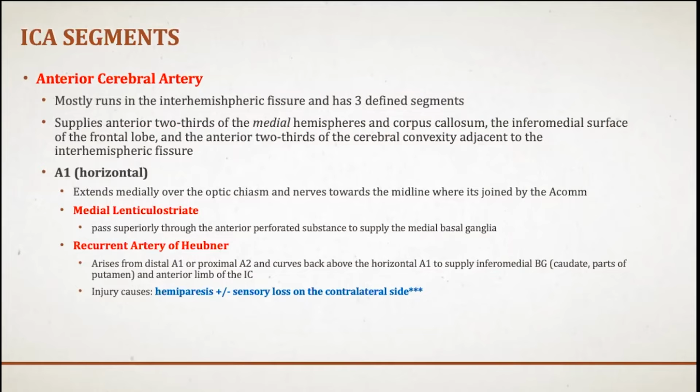You have to make sure that it's filling, because if that artery is taken or injured, it can cause devastating complications of the surgery, which is hemiparesis and sensory loss on the contralateral side. And that's also a question that's frequently encountered on the neurosurgery boards.